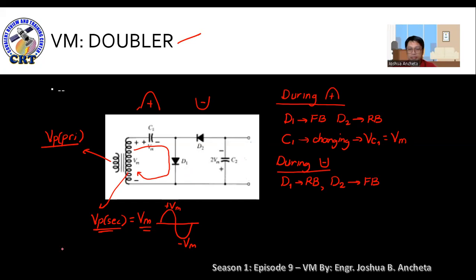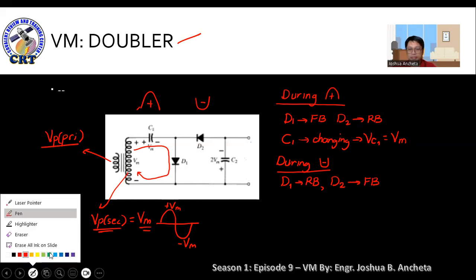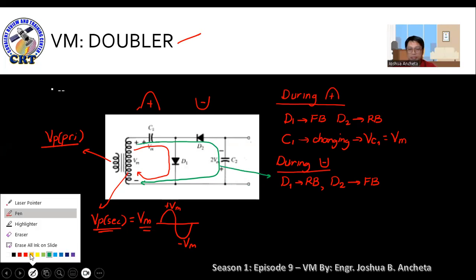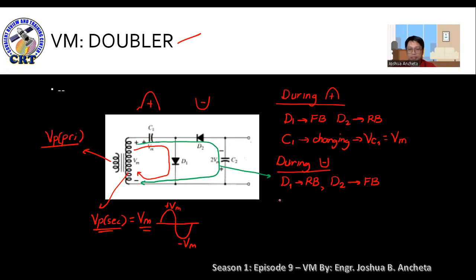So during the negative half cycle, the closed path now is in this loop. And take note of that. Okay? In this condition, take note that VC1 is retained. The capacitor 1 retained its charge.